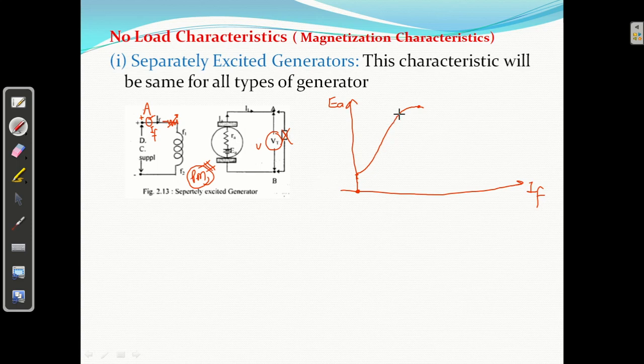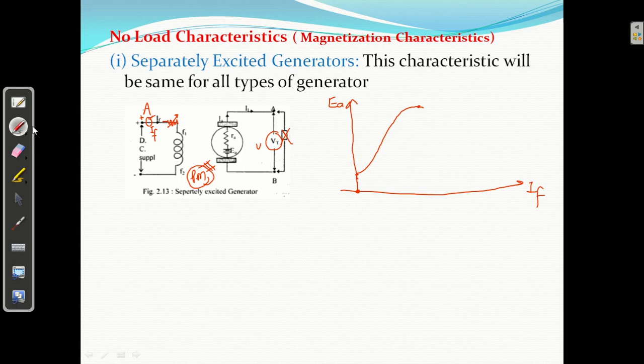So this is the characteristic we are getting. So we will just decrease this resistance, clear, keep the speed constant, note down IF and EA, and this is the characteristic that is called as magnetizing characteristic or no load characteristics. Okay, EA versus field current, right? This is the characteristic we have.